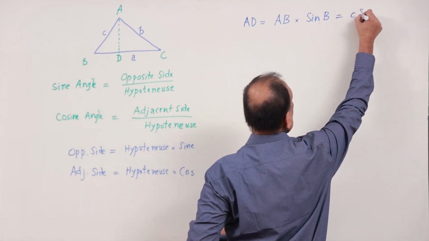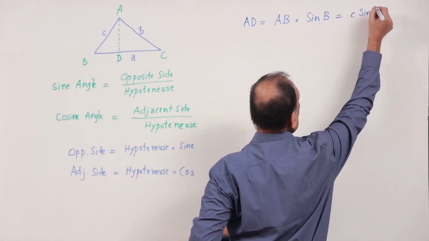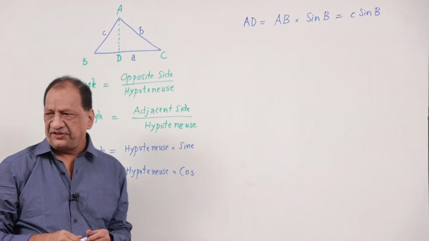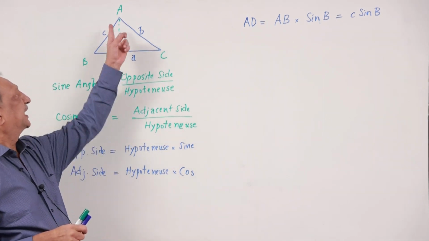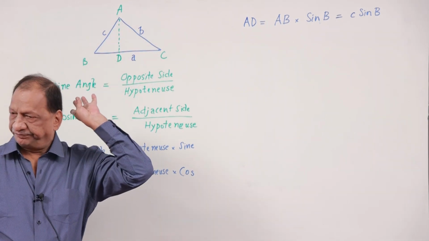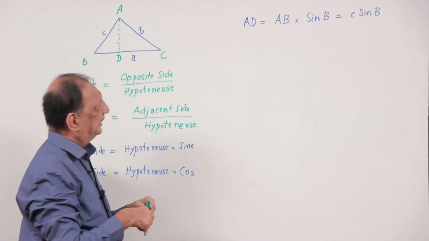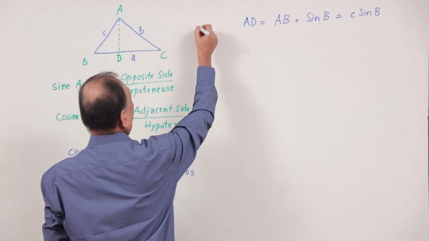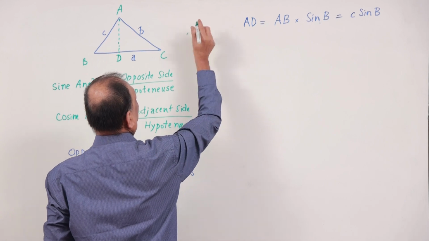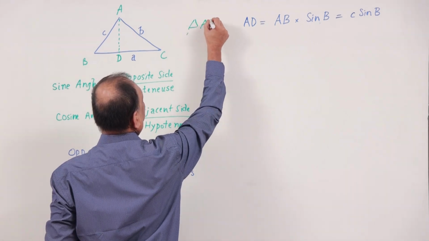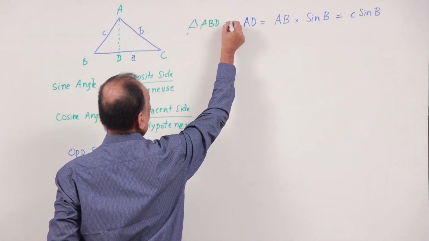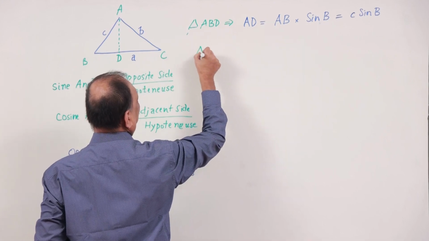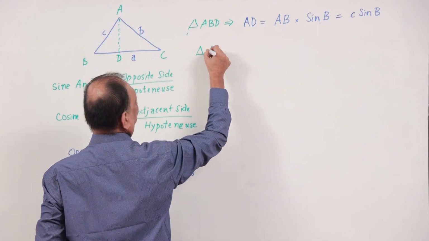It is c sin B. So AD is c sin B from this right angle triangle ABD. I have taken right angle triangle ABD. In fact, I have got one more right angle triangle, which is ADC.